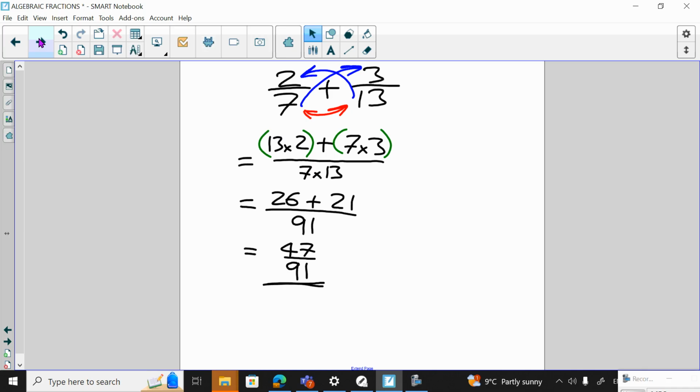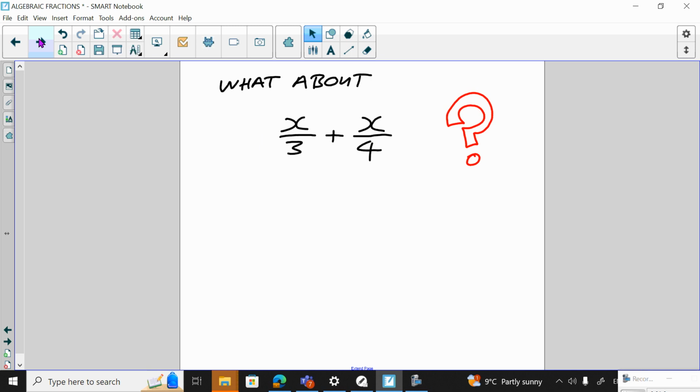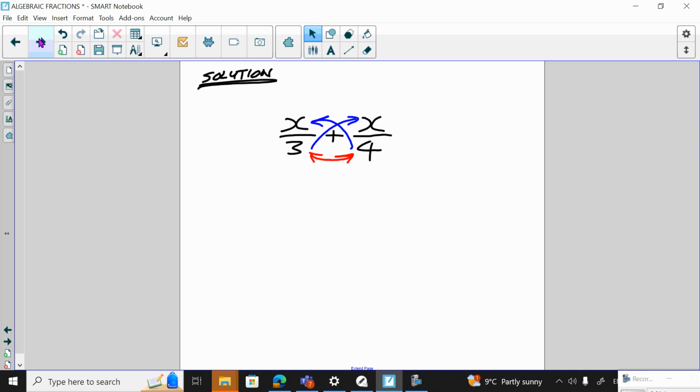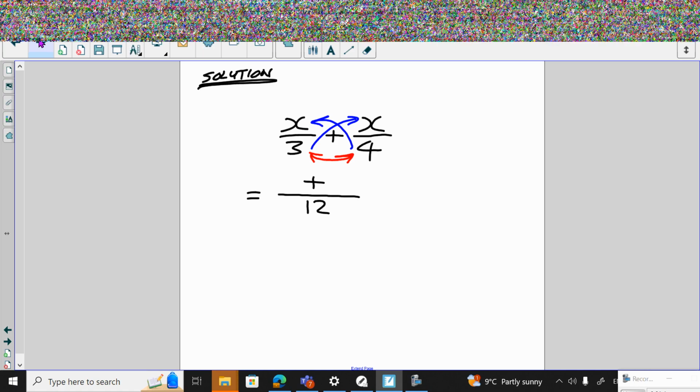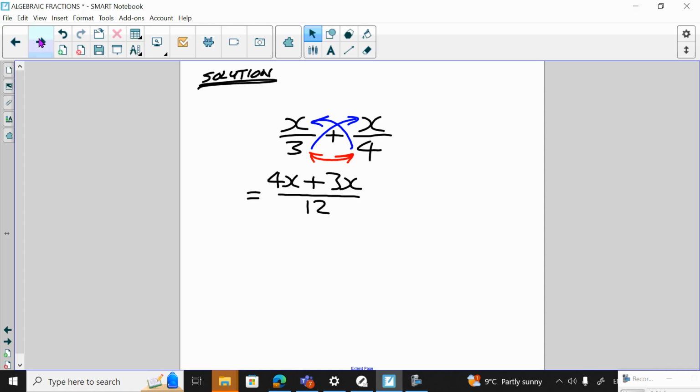Oh, now we'll get letters. What was this? Let's just tie bottoms together, up and across diagonally. 12 from the bottom. So 4 from the right bottom comes up to the x to get 4x. 3 from the bottom left comes up to the x to get 3x.